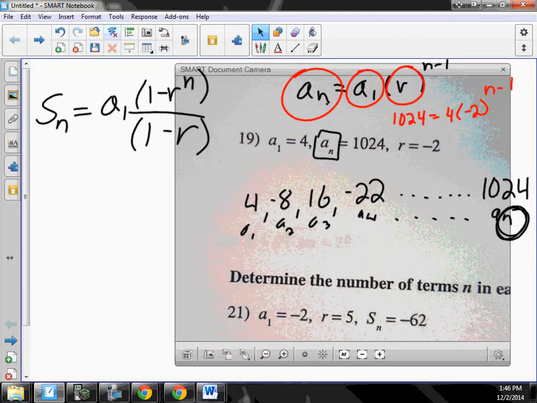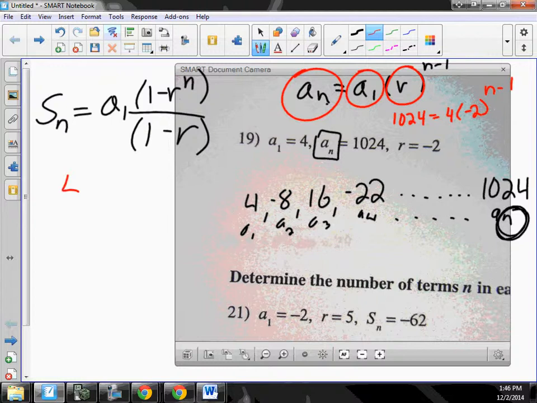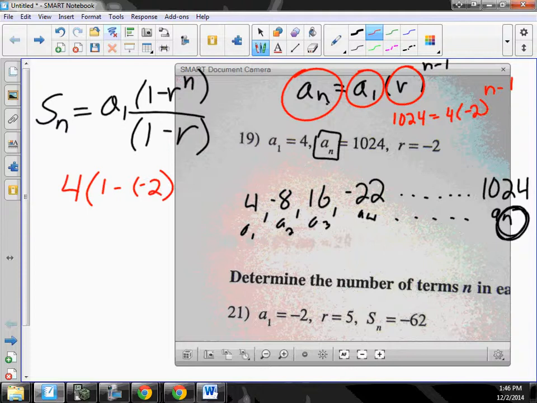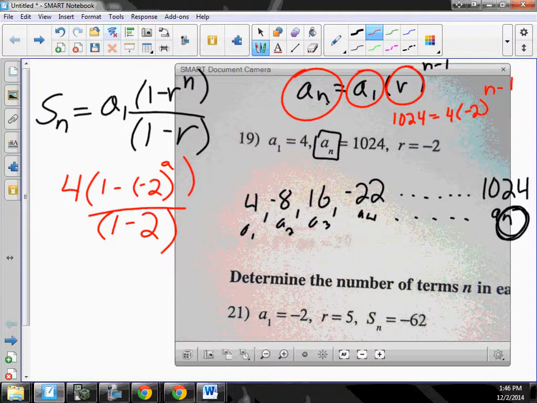Not yet. So, I know a sub 1 is 4 times 1 minus negative 2 raised to the 9th over 1 minus negative 2. Does that make sense?